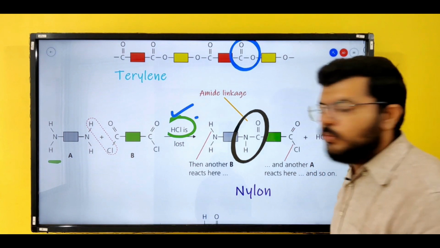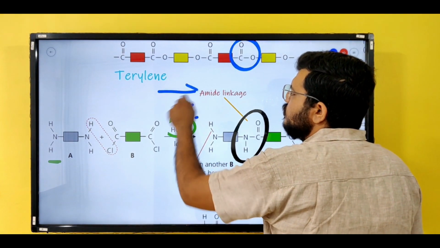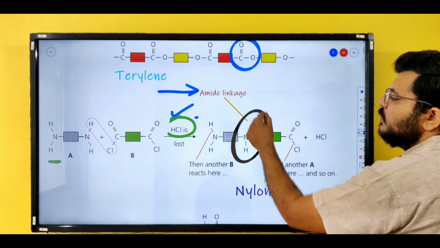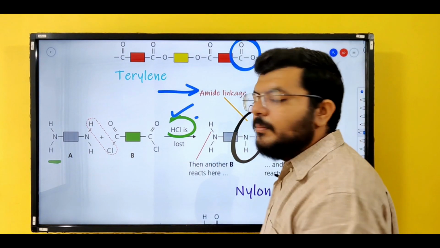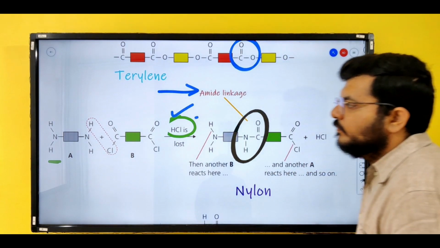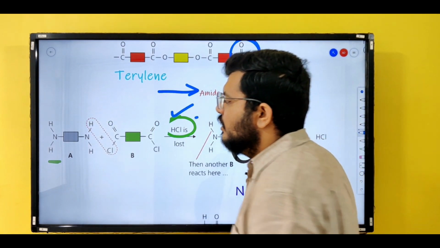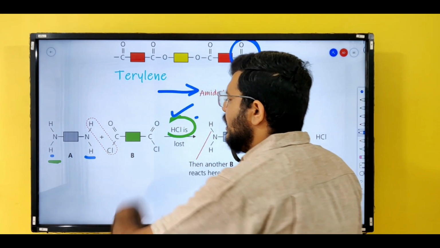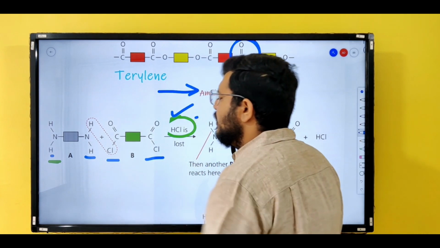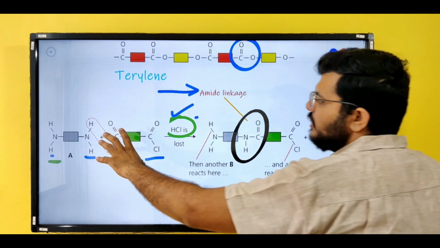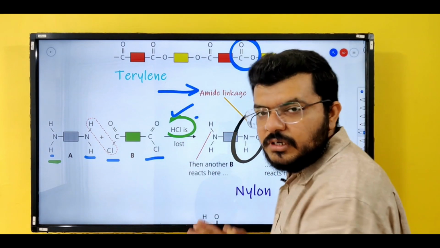NHC double bond O. What is this known as? This is known as amide linkage. This polymer is nylon. So by removing HCl from a monomer that has NH2 on both sides and another monomer that has C double bond OCl on both sides, you get the condensation polymer.